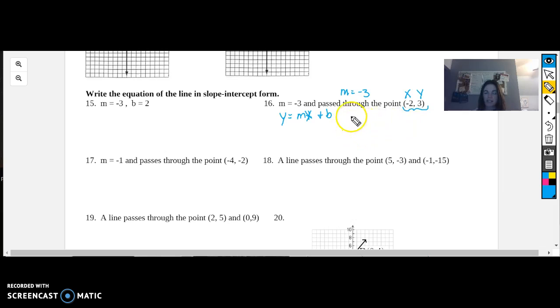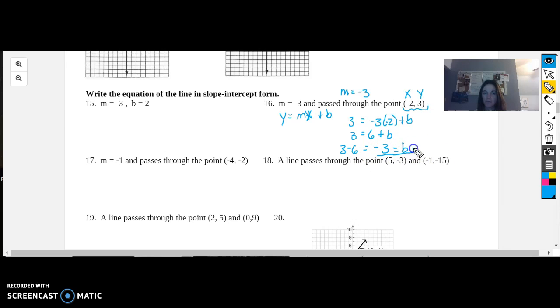So watch this. It's 3 equals -3 times -2 plus b. Well, 3 equals -3 times -2 is a +6 plus b. And so I can subtract 6 from both sides. 3 minus 6 equals -3 equals b.